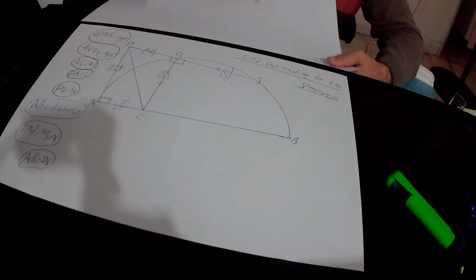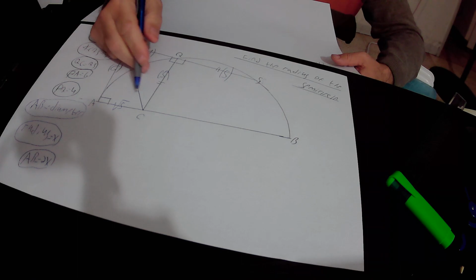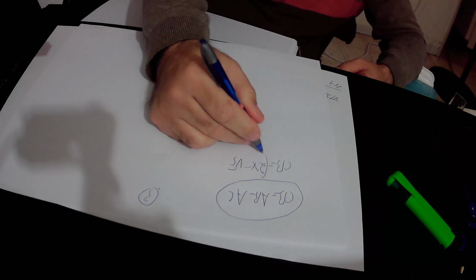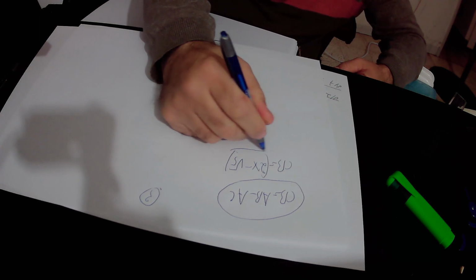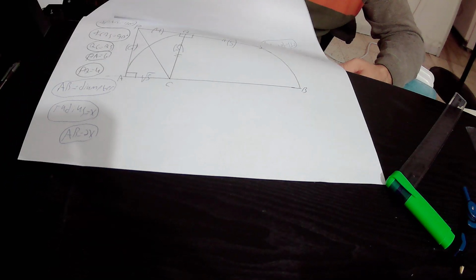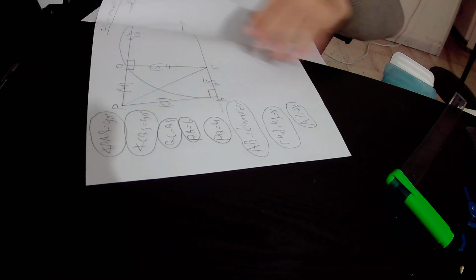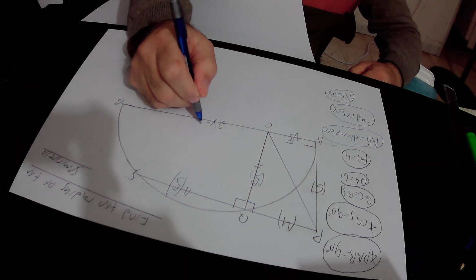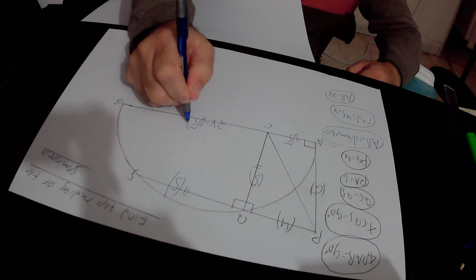You just found out that AC equals the square root of 5 units. So in total, CB equals 2x minus the square root of 5 units. So you can write down in the original drawing that CB equals 2x minus the square root of 5 units.